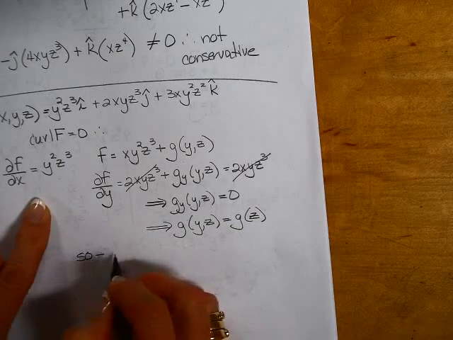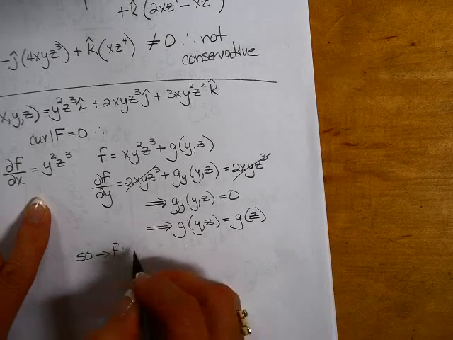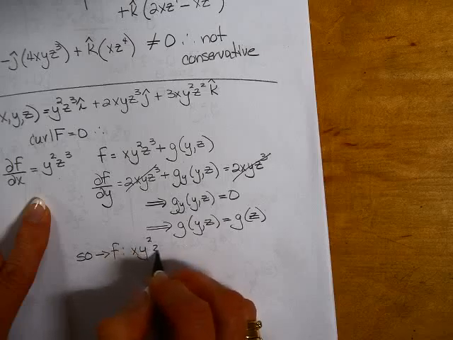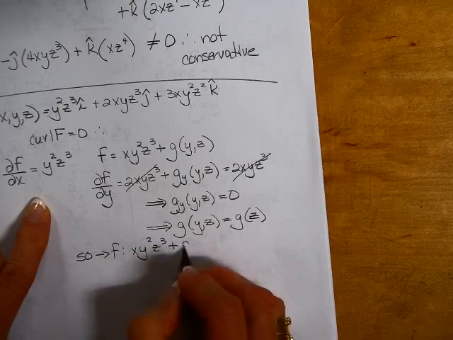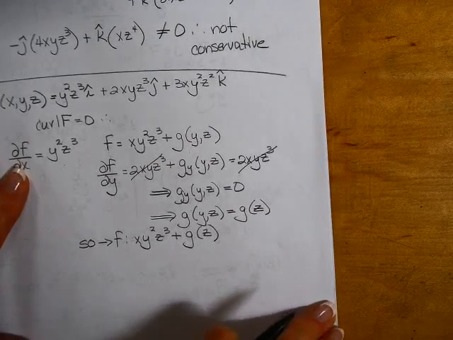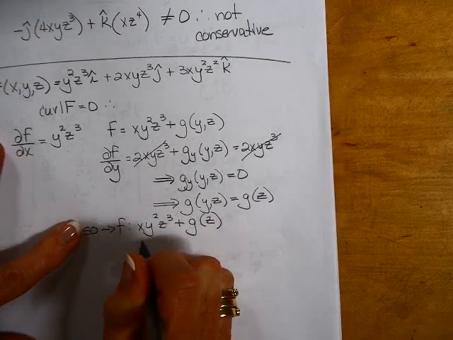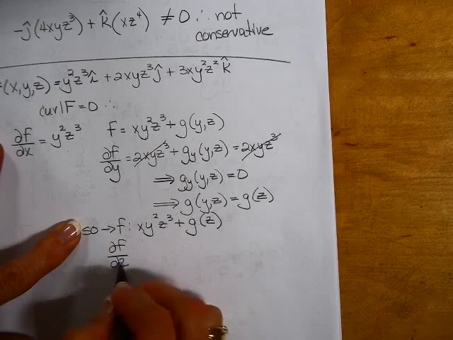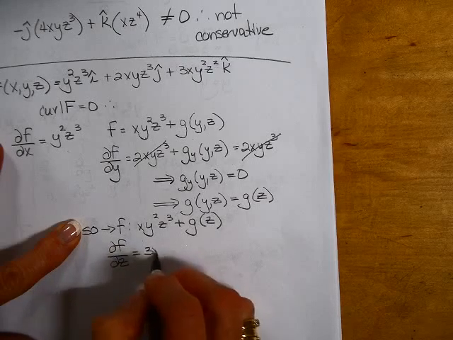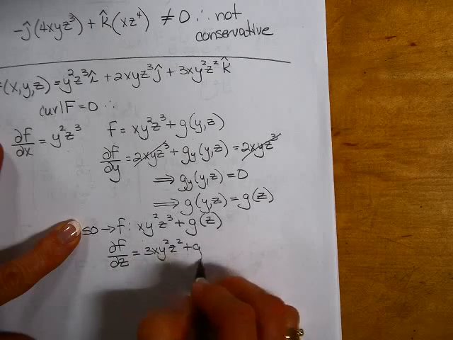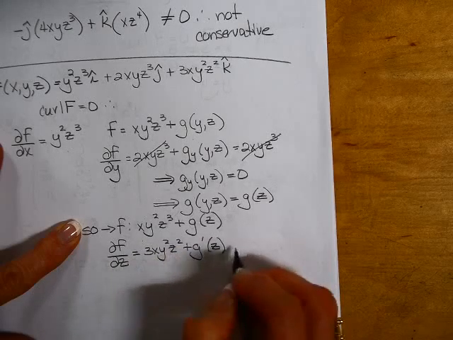So f must look like xy squared z to the third plus a function of z. So now take the partial of this with respect to z. Partial of f with respect to z is 3xy squared z squared plus g prime of z.